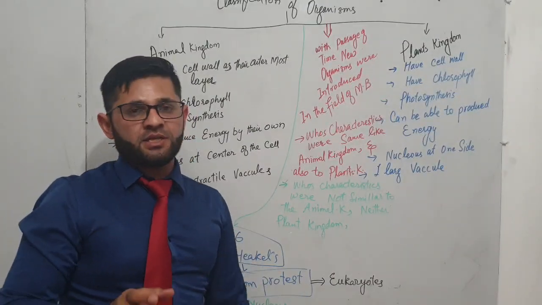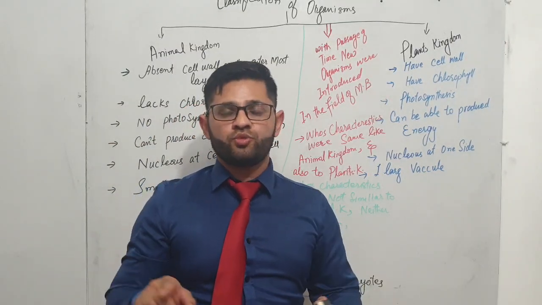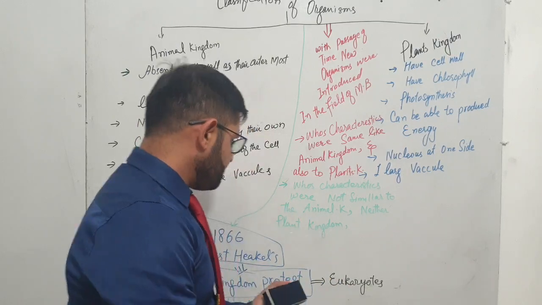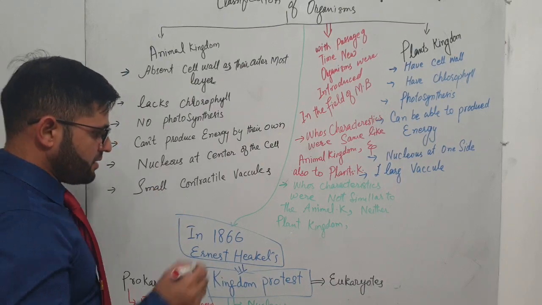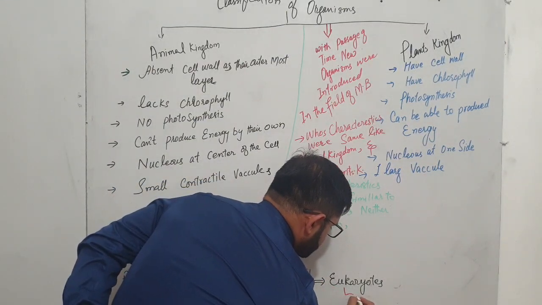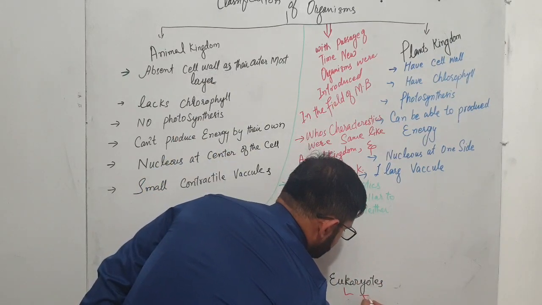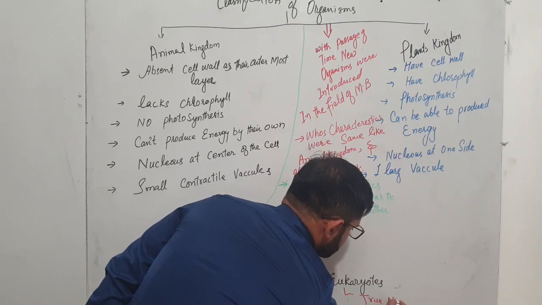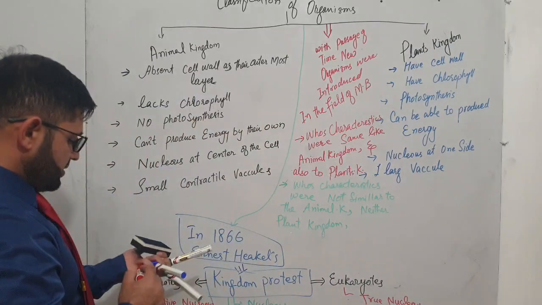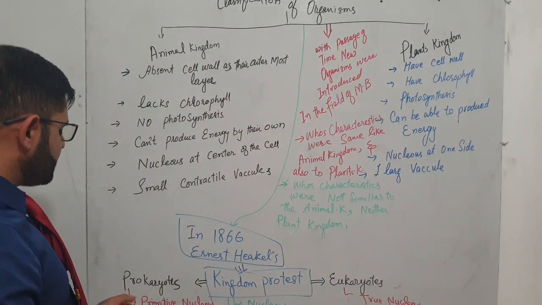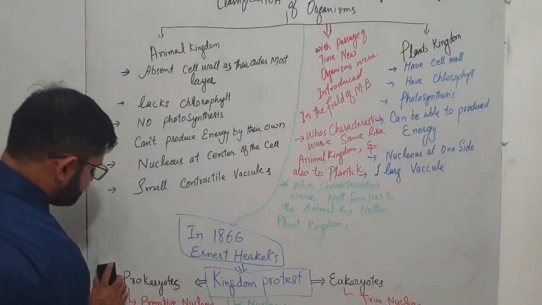That nucleus is known as a primitive nucleus whose genetic material, chromosomes, or DNA, is not enclosed within the nuclear membrane. While in the eukaryotes, all those organisms were placed which possess a true nucleus. Clear?